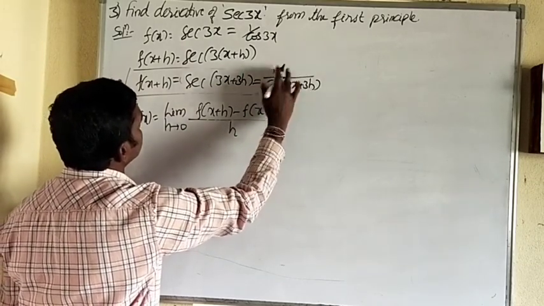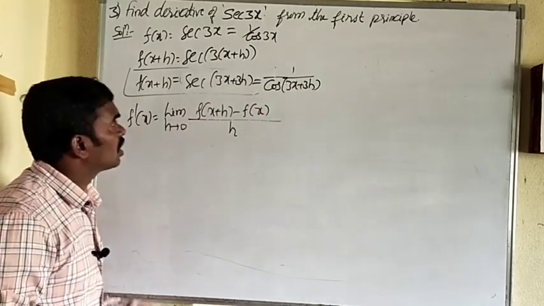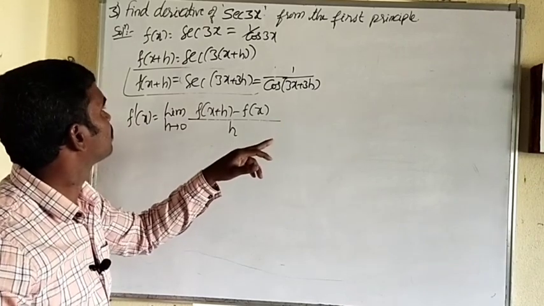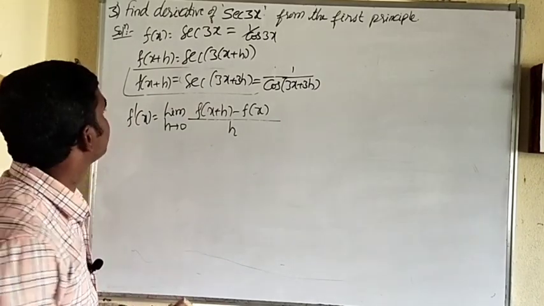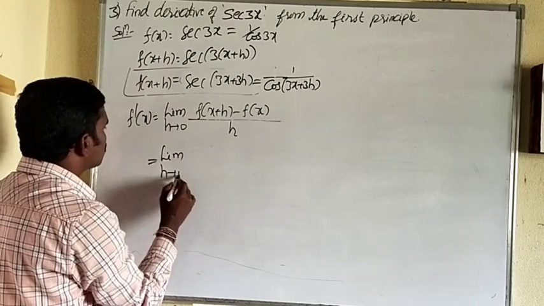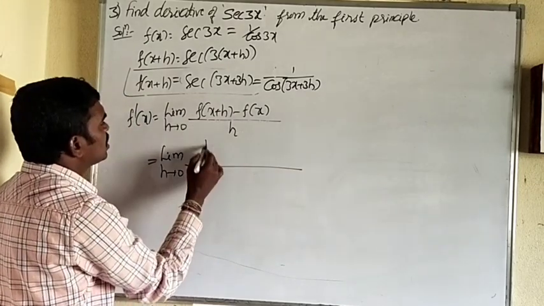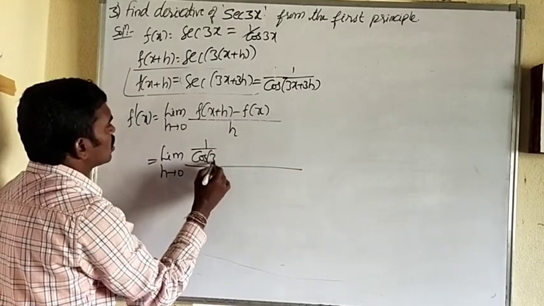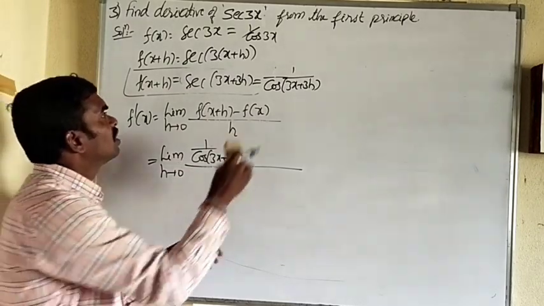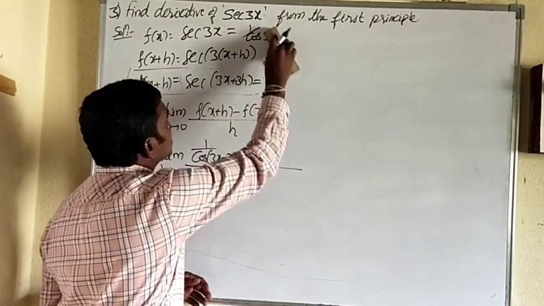So f of x plus h means 1 by cos of 3x plus 3h. So limit h tends to 0, f of x plus h means 1 by cos 3x plus 3h. And one more thing, if you have any confusion, I can keep the limits as they are.